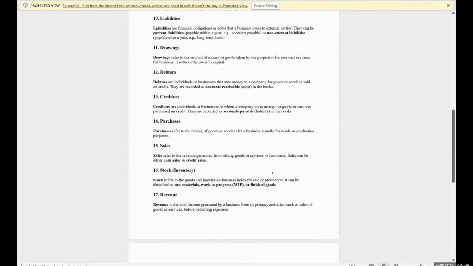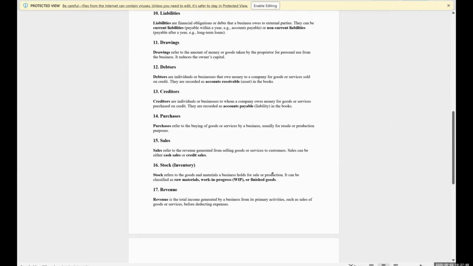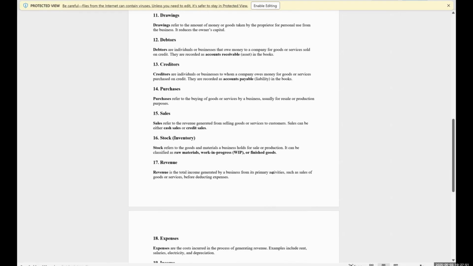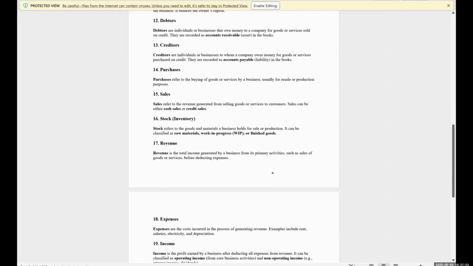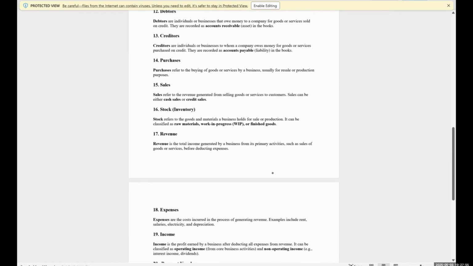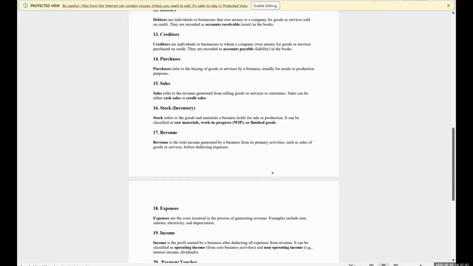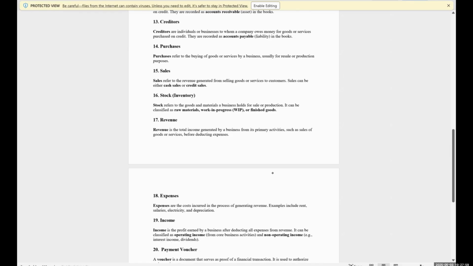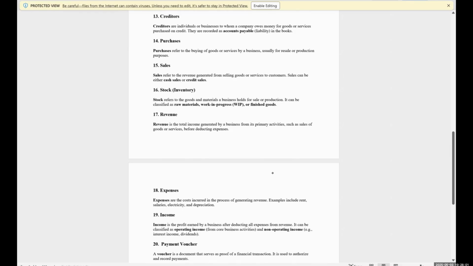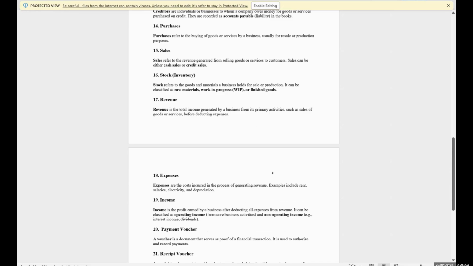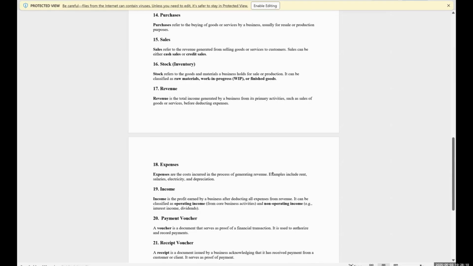Sales means selling something. Inventory means raw material. Revenue means whatever income you are getting from the sale of items for what you are doing business. Expense is self-explanatory. Receipt voucher and payment voucher.